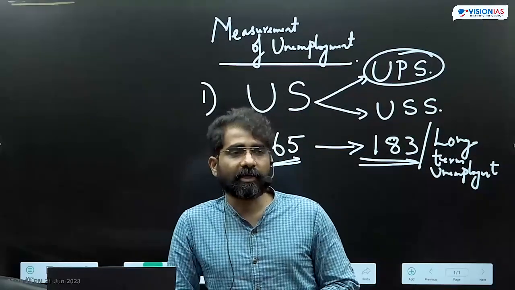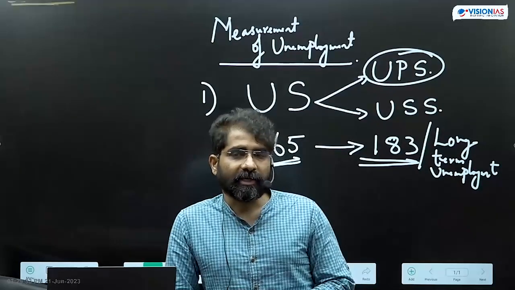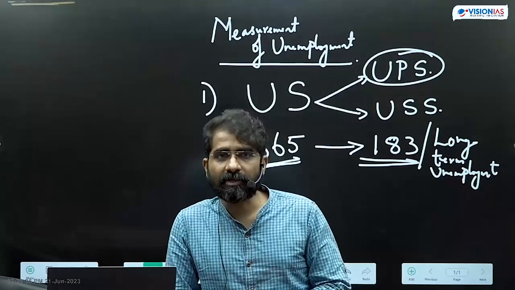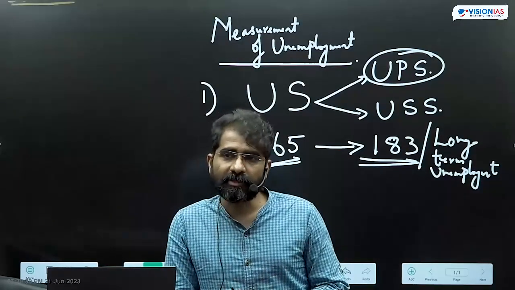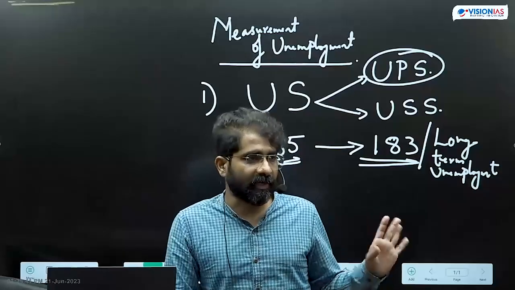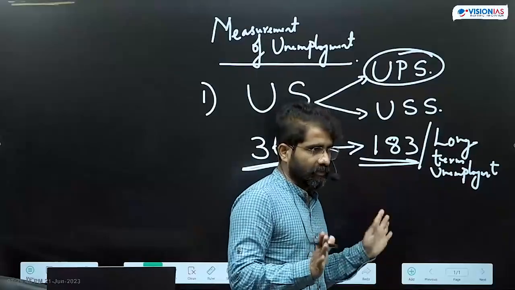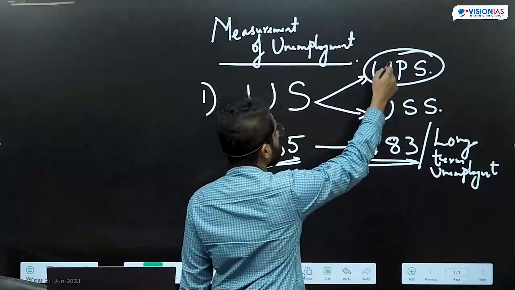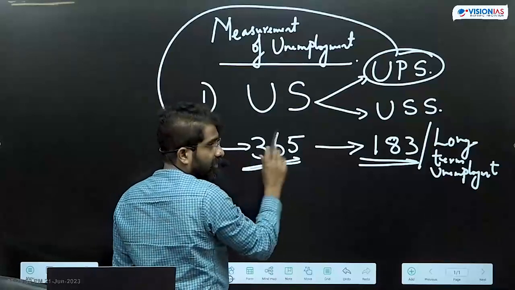In this 365 days of data, if somebody has got a job for at least 6 months, then he is employed. If he has not got any job for around 6 months or 183 days, you give him unemployed status. This is called the usual principal status.